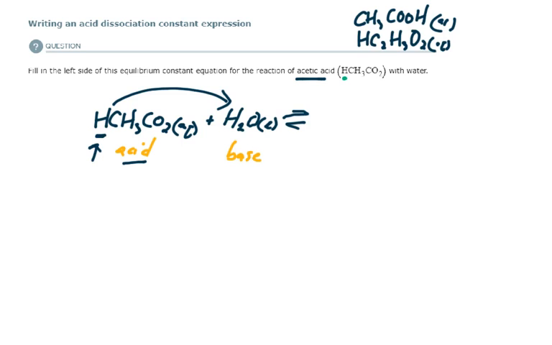So our products here would be H3O plus, that's hydronium, and the conjugate base of this weak acid, which would be this. Now, before we do anything else, we need to ensure that this chemical reaction equation is balanced. And when I look at it, it looks to be balanced, so we are good to move forward.